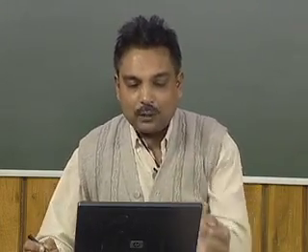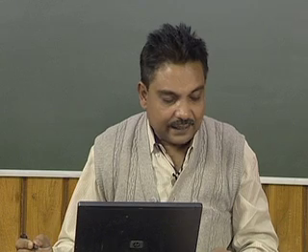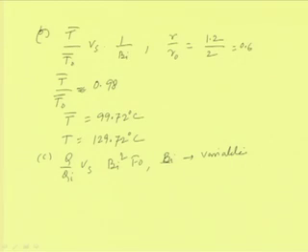Okay. In this case again the Biot number is the variable. Now we have Biot square into Fourier number with the value 0.029, and from the chart we can get Q by Qi equal to 0.7.